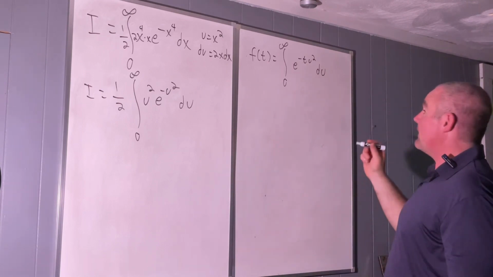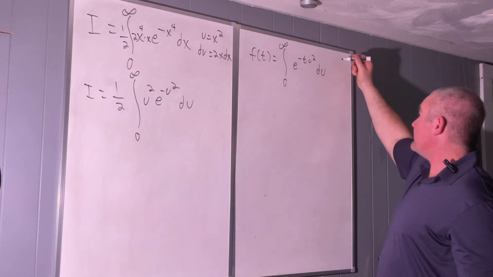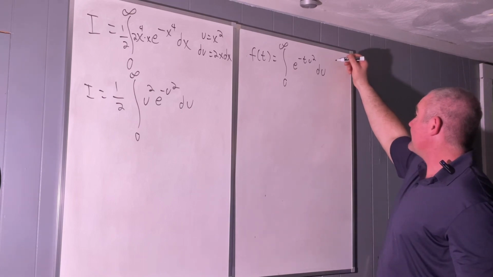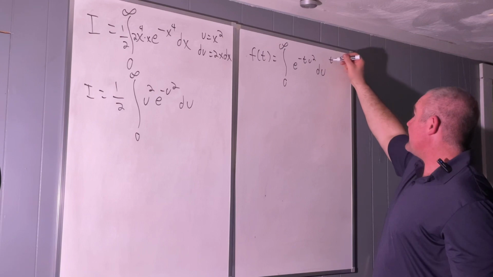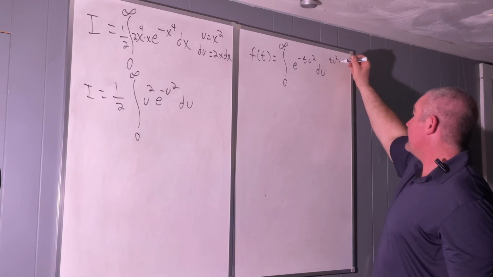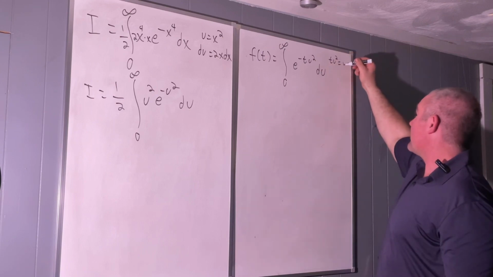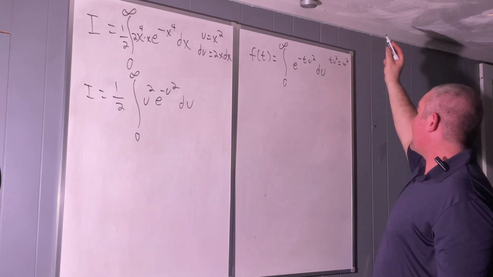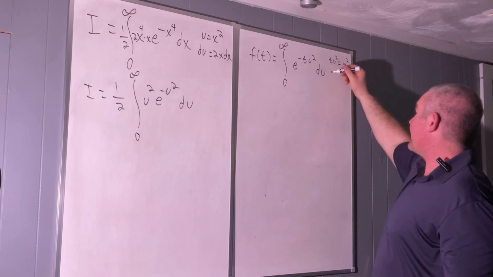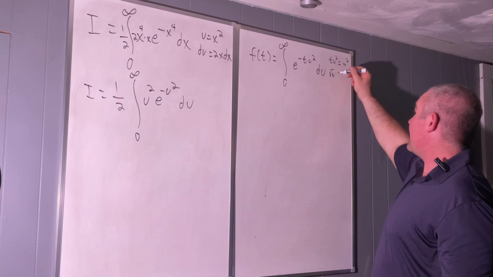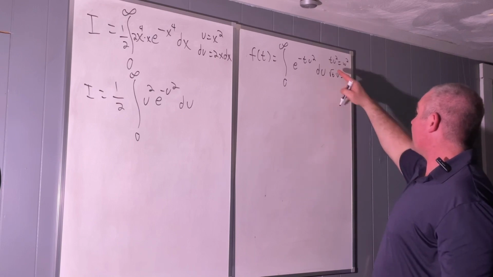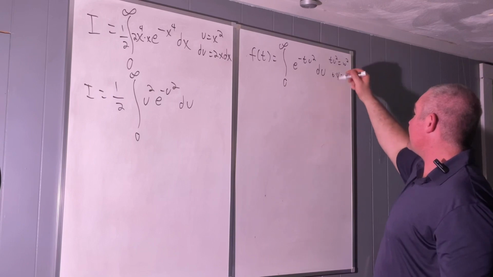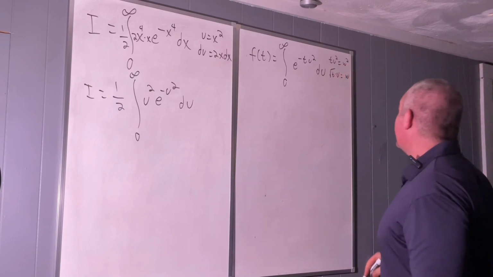Okay, and then we will make the substitution that we want tu squared to equal something else squared. We'll call it w squared. All right, so that means that square root of t times u is equal to w.